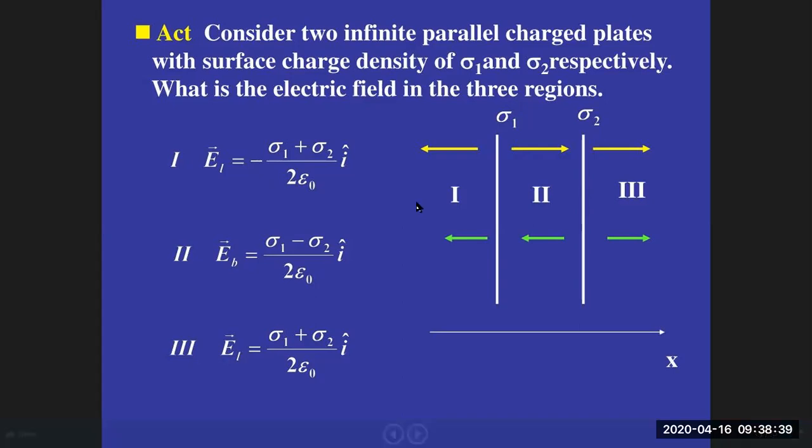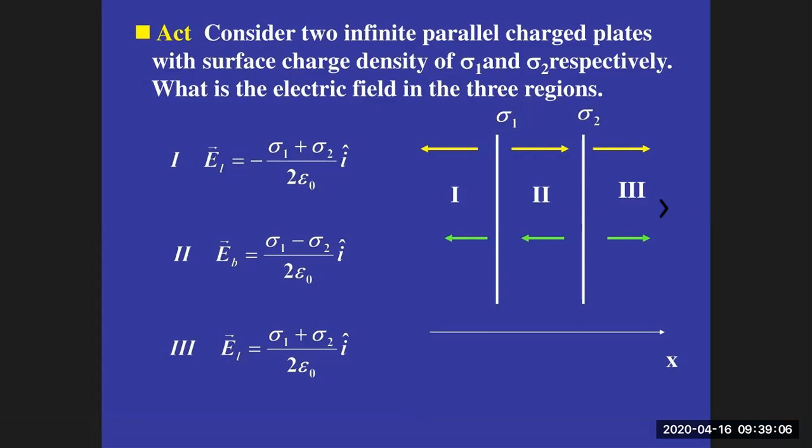The electric field at one location will be negative and at another location will be positive. The only difference is that their directions will be opposite to one another. If you take a single point P where the electric field is to be determined, the electric field due to the first charge plate is determined as sigma 1 upon 2 epsilon naught I cap.